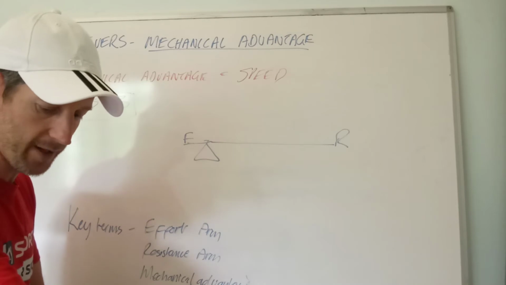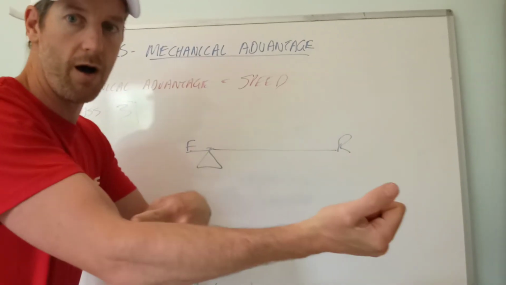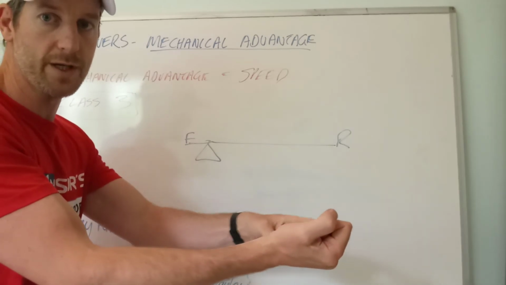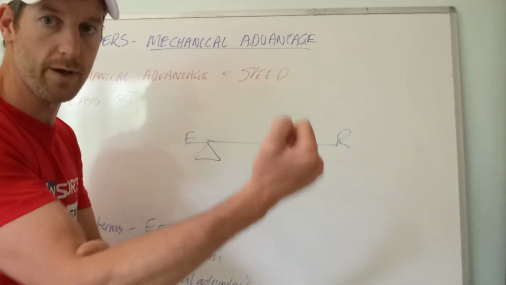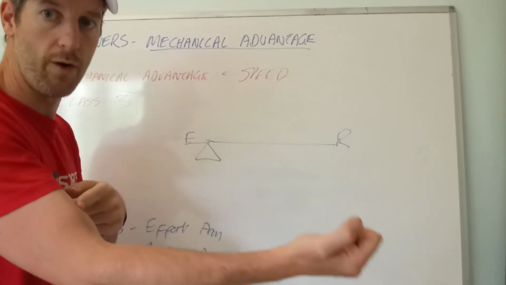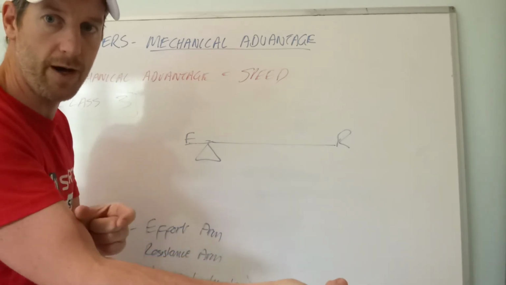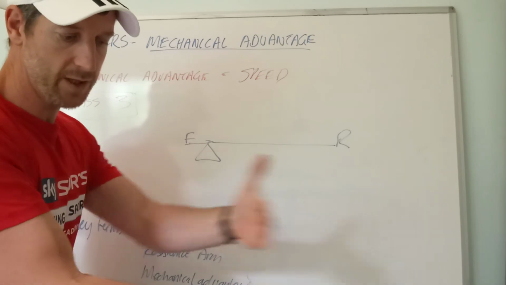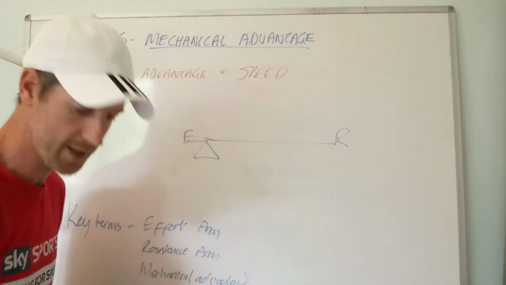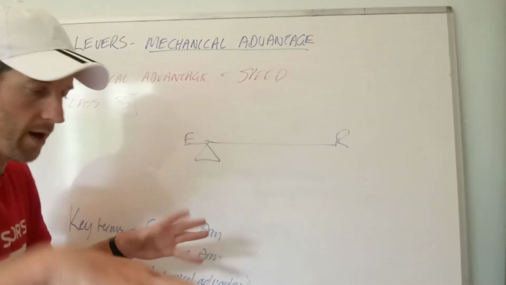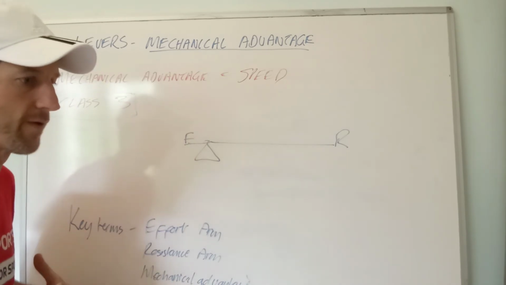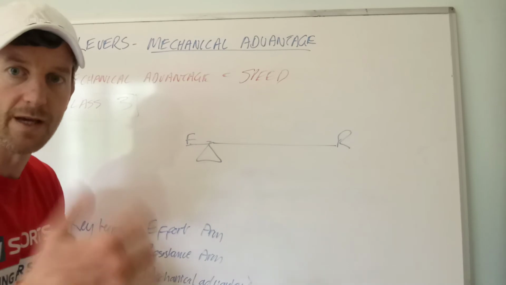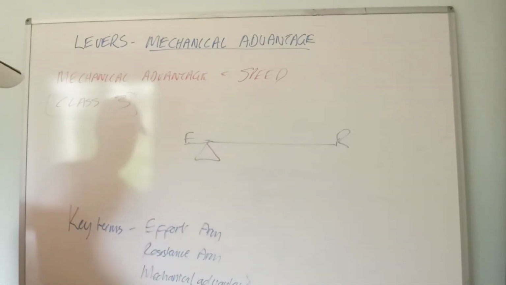The fact that you've got such a long resistance arm happening here between the elbow joint and the resistance, so moving your arm, means that your effort arm is tiny. It's only about there. It's from the fulcrum to where the muscle is there. The resistance arm's a lot longer. And that's the same for our legs. We're made to move with speed and to have the mechanical advantage in our levers to give us speed more so than strength.